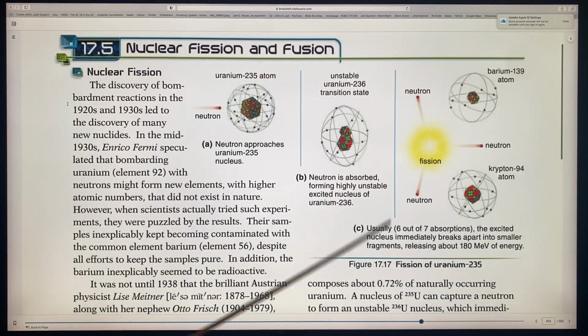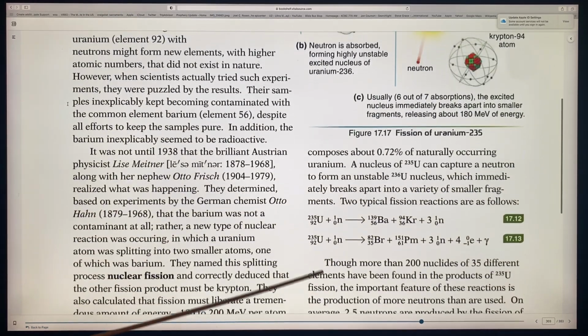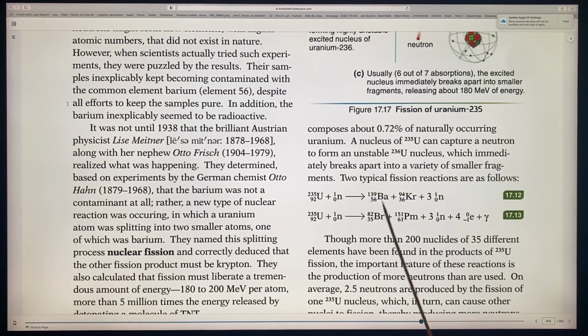This barium, 139, is the atomic mass number with neutrons and protons, and 56 is the atomic number, which is the protons. And of course we have krypton, with 94 as the atomic mass and 36 as the atomic number. So krypton, and then you have 3 neutrons, with 0 charge.